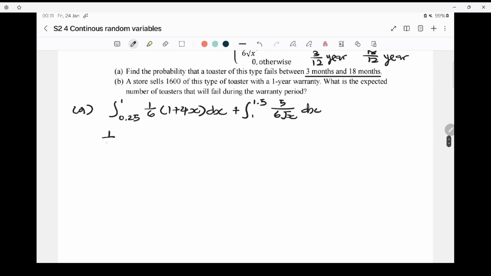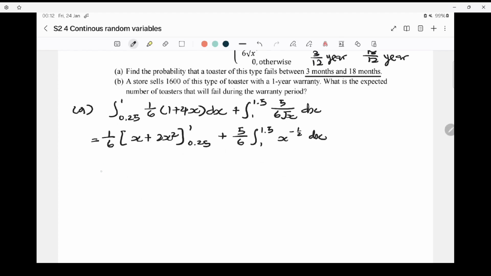So now this is integration time. This will be x plus 2x squared, from 0.25 to 1, plus 5/6. If you can't do this, convert it to the power form first. So 1 over square root x is x to the power of minus 1/2.